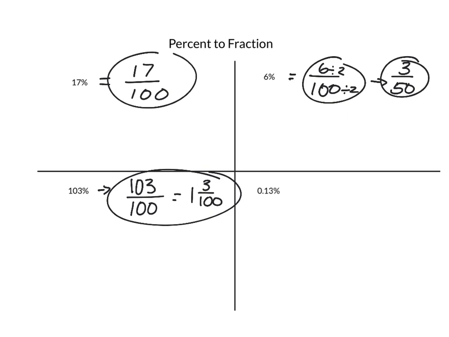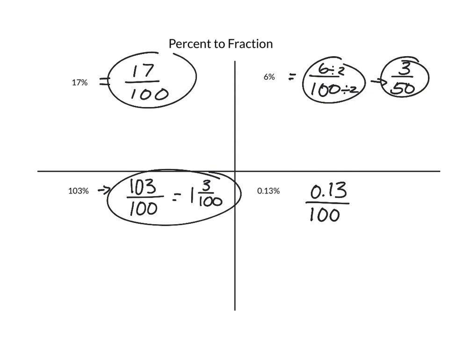Okay? This next one, this is 13 hundredths of a percent. Okay? So let's start by putting it in as 13 hundredths over 100, but we really don't like the fraction with a decimal in it.